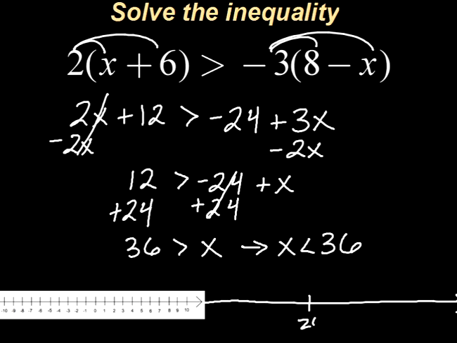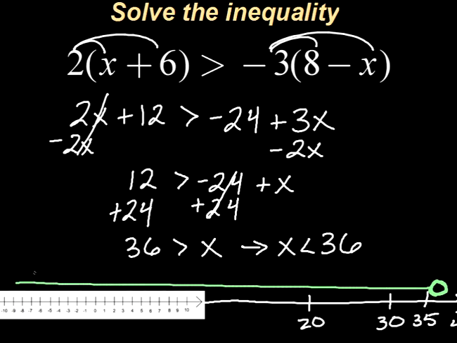We'll make this positive 20, positive 30, and positive 40. Put 35 right here, and then we'll use that. So 36 is just above 35. We are not including it, so we can leave that as an open circle, and I will draw this arrow to the left, indicating that our answer is any value that is less than 36.